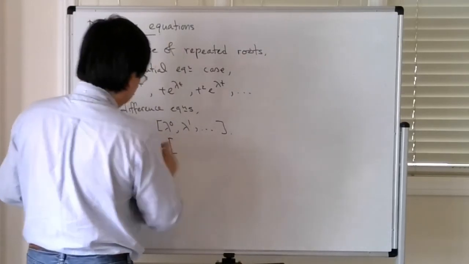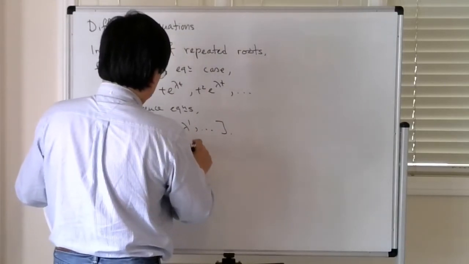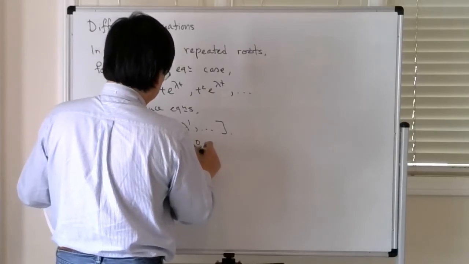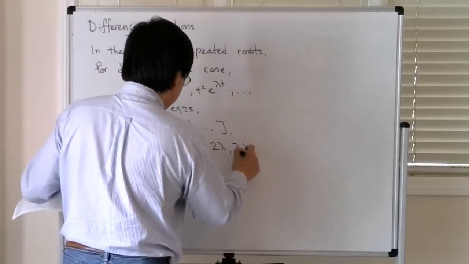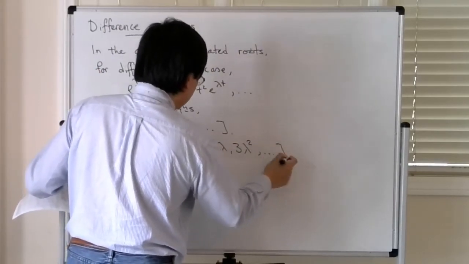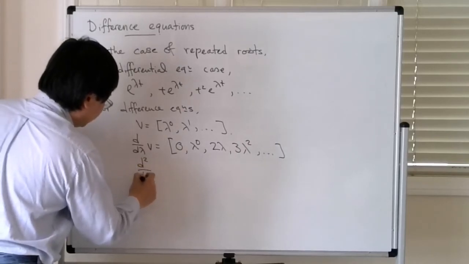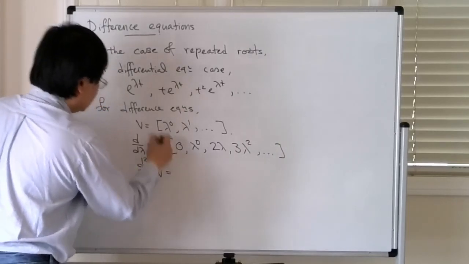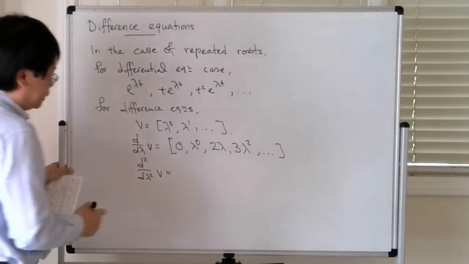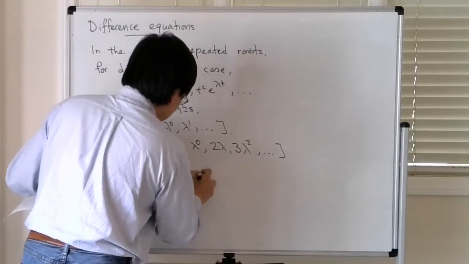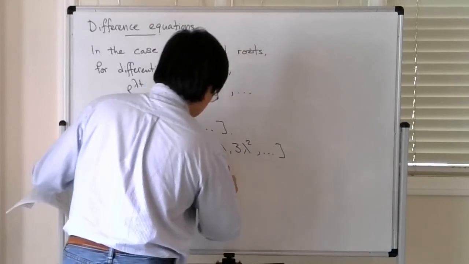So you get 0, 1, 2 lambda, 3 lambda squared, and so on. And you keep doing this, differentiating this eigenvector with respect to lambda the appropriate number of times to get a basis for the solution space you're working with.